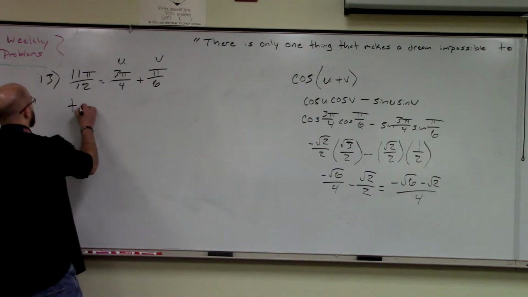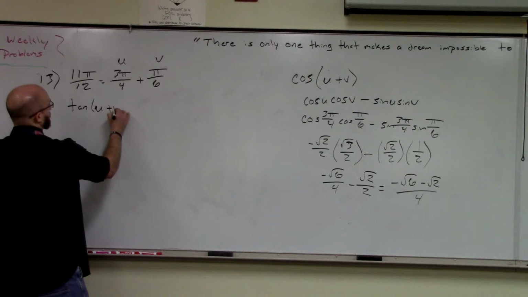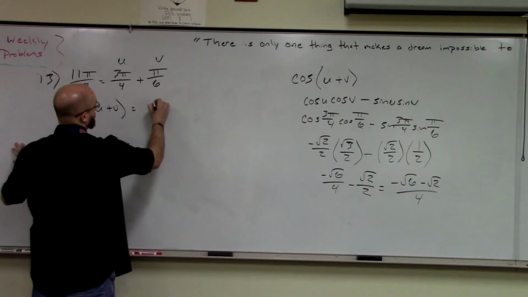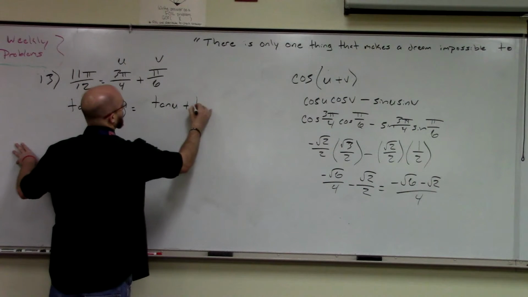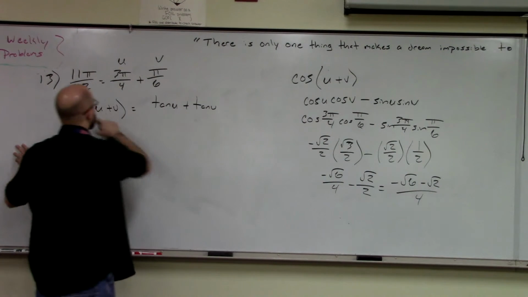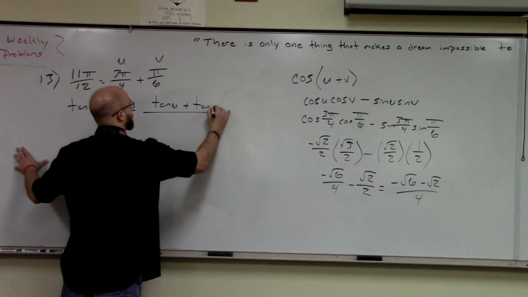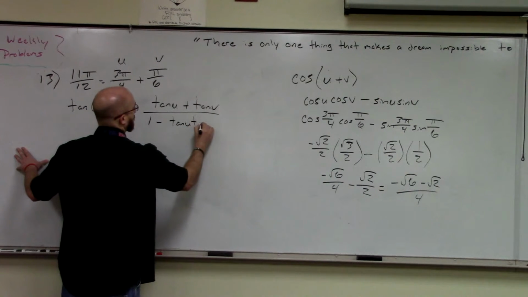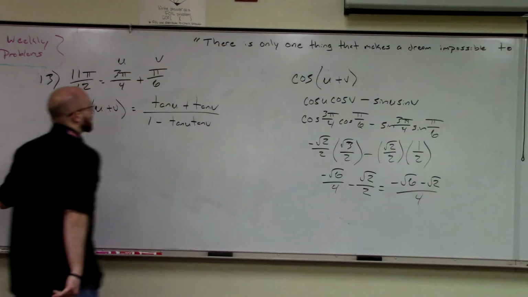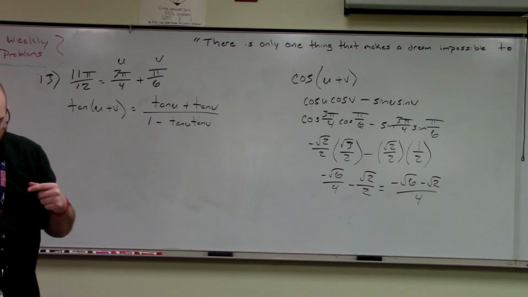Now tan u plus v equals tan u plus tan v. Same side, positive goes on top. Make sure that's a v. 1 minus tan u tan v. So that's what we get there. Tangent, plug in what you have on your unit circle.